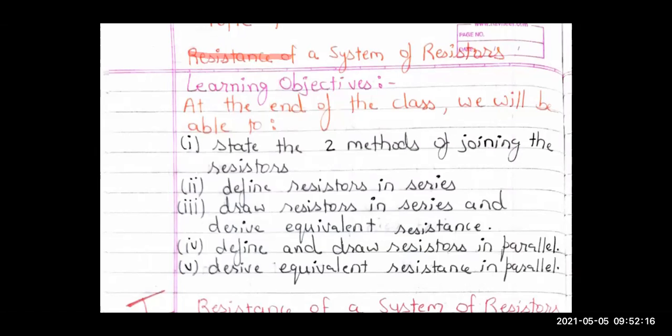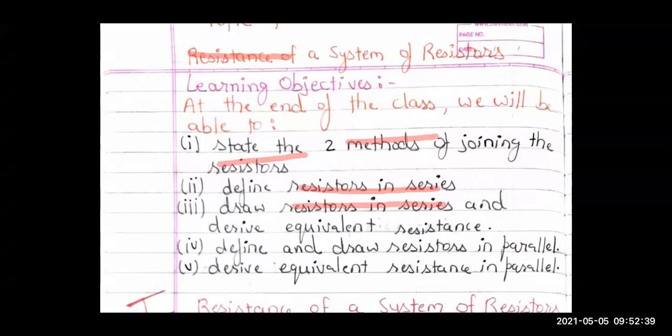Okay, now the resistors, they can be connected in two different methods. Either you can connect them in series or you can connect them in parallel. So resistors in series, what do you mean by that? That we will try to understand. We will draw the circuit for resistors in series.